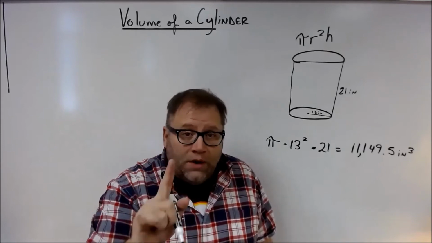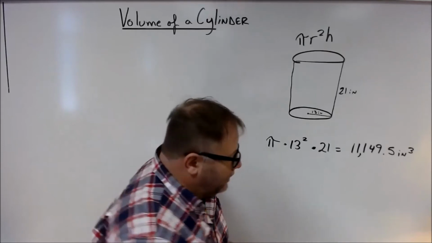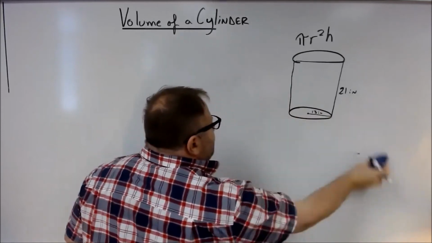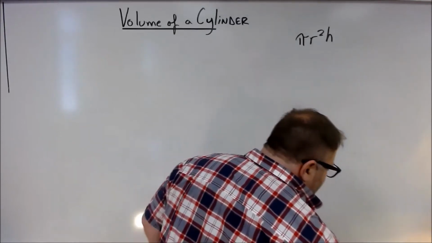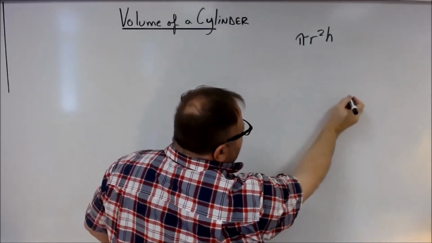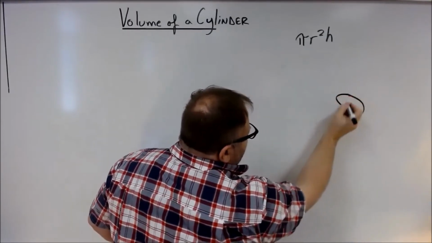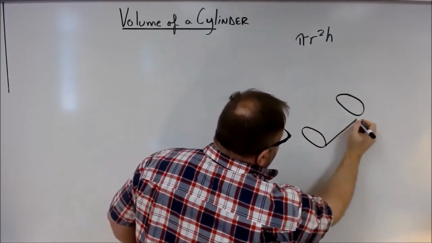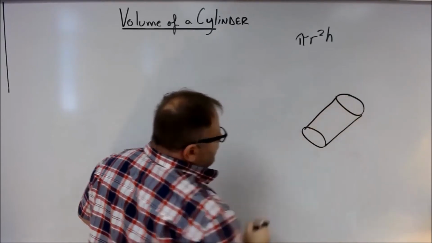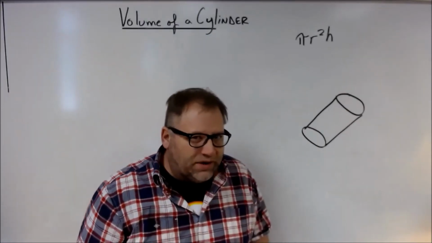Let's do one more, but this time we're going to do it a little bit different. This one's going to be in terms of pi. I just drew it on the side, that's all, not a big deal.